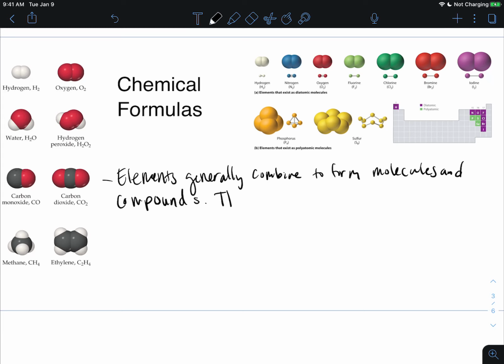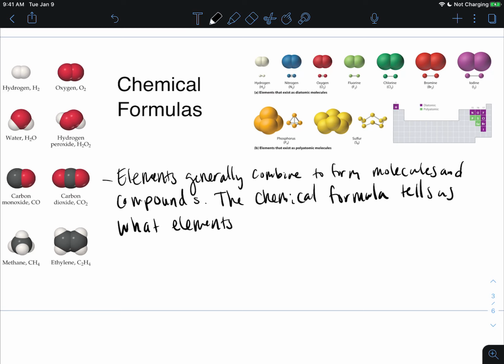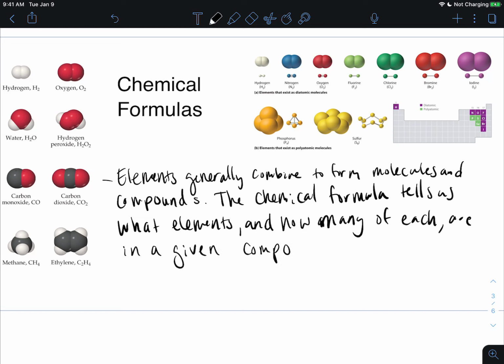The chemical formula tells us what elements and how many of each are in a given compound or molecule.